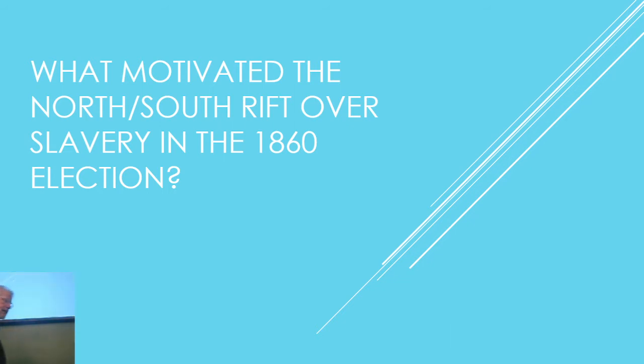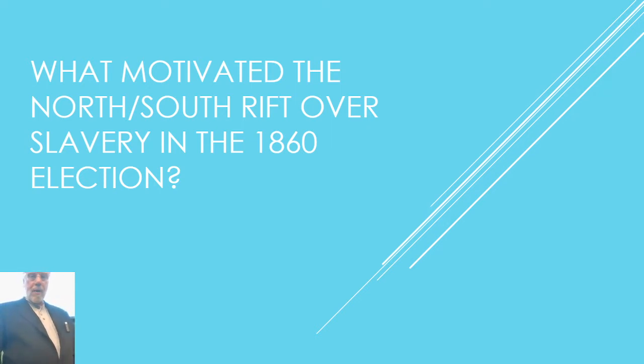Most of them think that the election will end up in the House of Representatives, just like it had in 1824, and that it would be decided by Congress. That doesn't happen. And when Lincoln is chosen by the Electoral College, we see war.